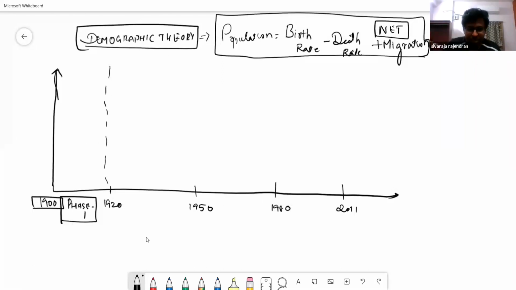So we'll have that. But now come to this phase one. In this phase, birth rate will be very high. Birth rate is 50. That is, birth rate is how many people are born per 1,000. Death rate is how many people die per 1,000.